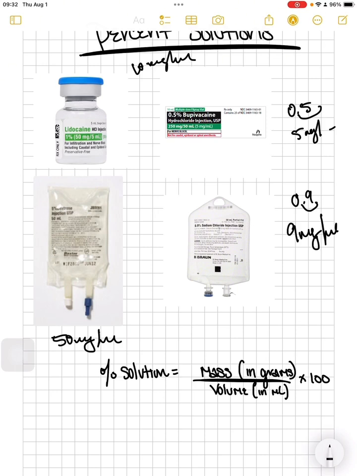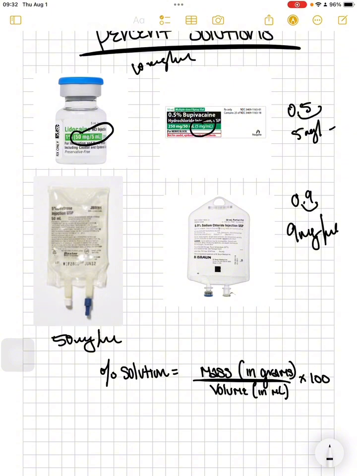Since all your other vials are going to be in mg per mil, just make the percentages mg per mil as well. You can kind of see it with the lidocaine and bupivacaine. On vials like this, usually somewhere on the vial it says it's actually 5 mg per mil. 50 mg per 5 mil is the same thing as 10 mg per mil.